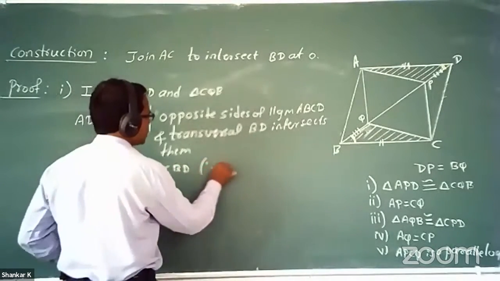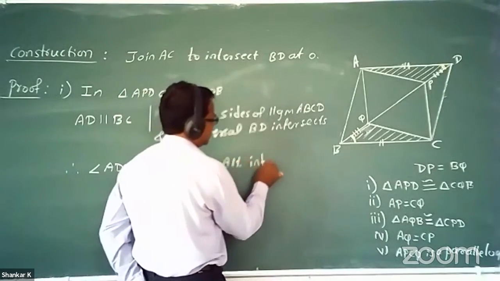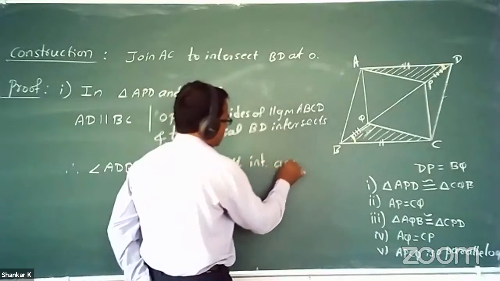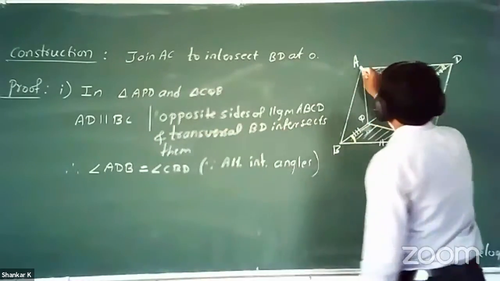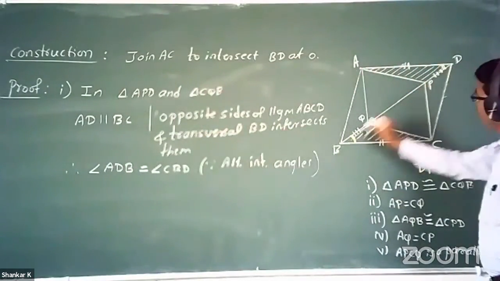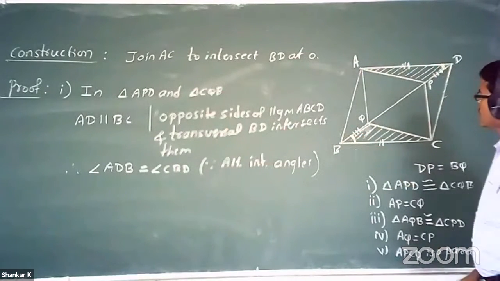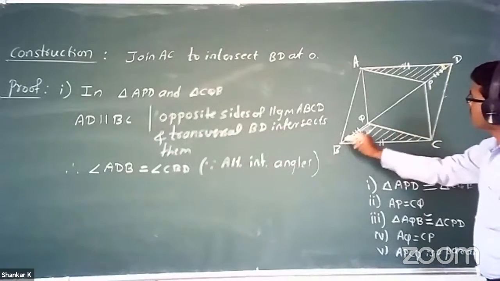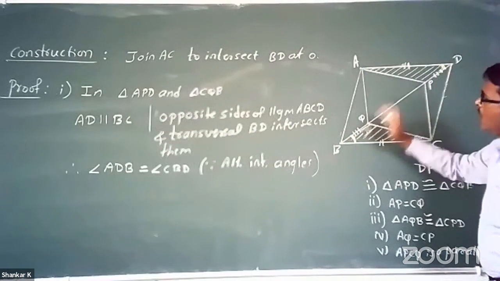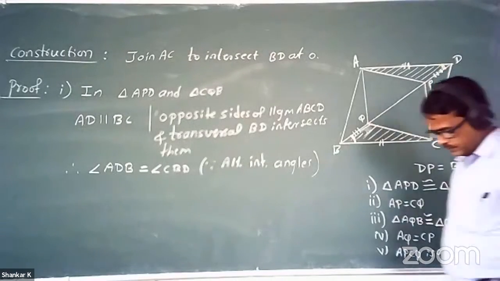Why? Because alternate interior angles. Which are those? ADB, then CBD. This one. Yes, these are alternate interior angles. That's why those are equal.